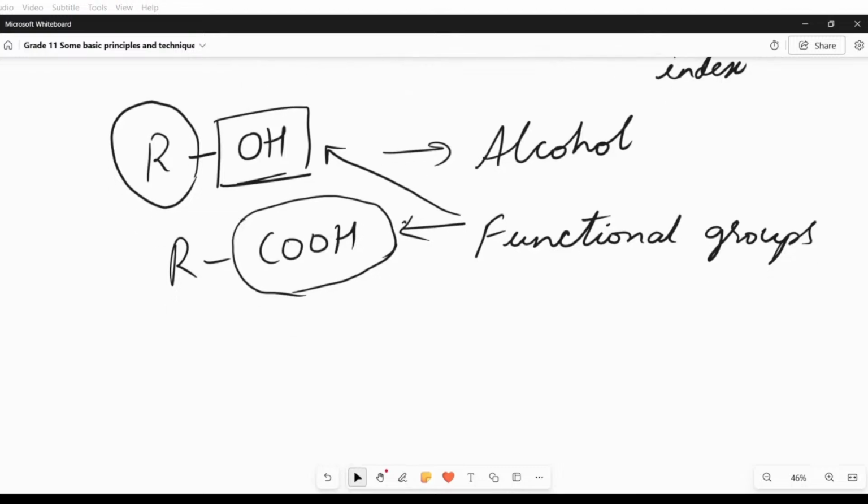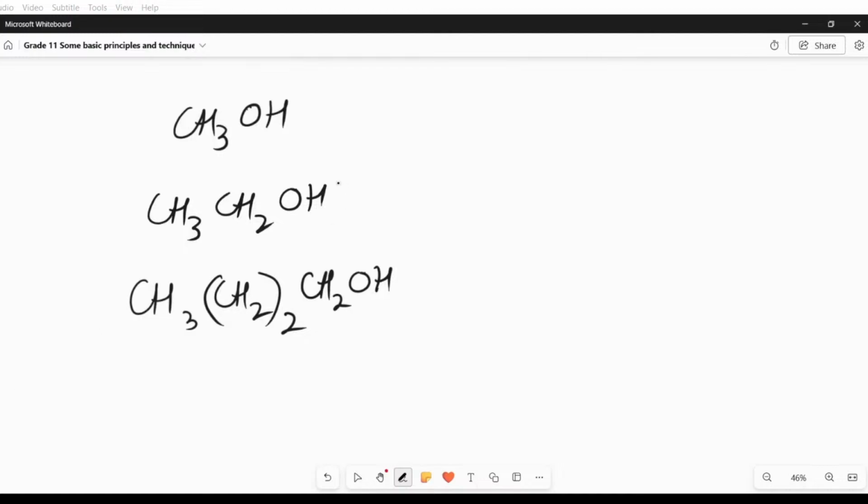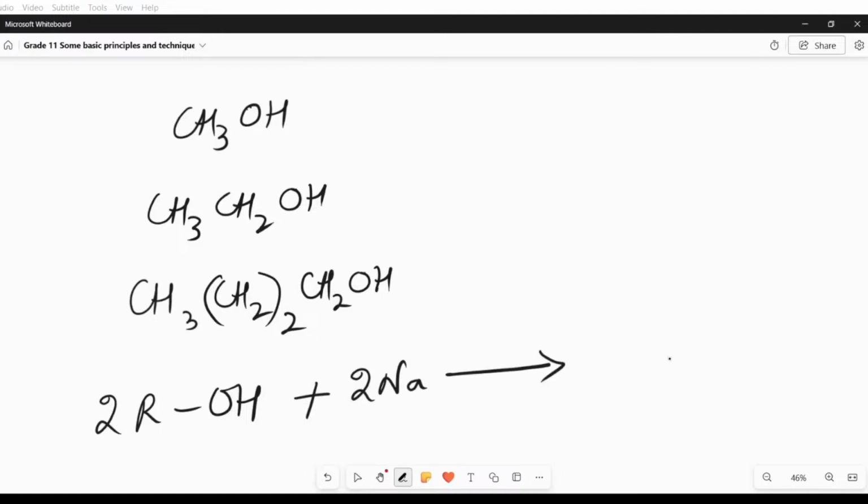So to understand this, let us consider an example. Now, 2ROH, when I treat it with sodium metal, I get 2RONa plus H2.